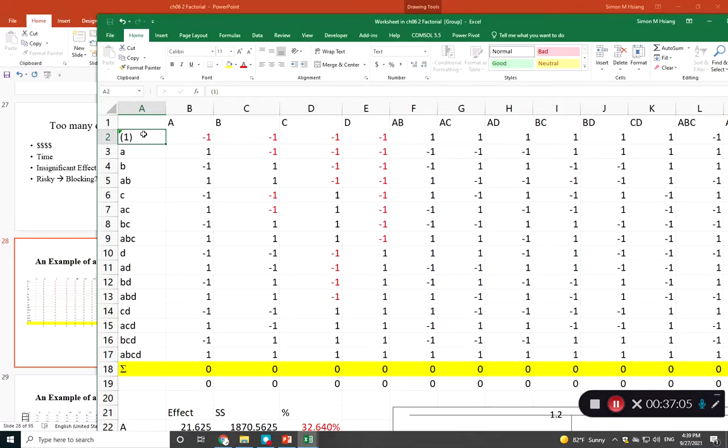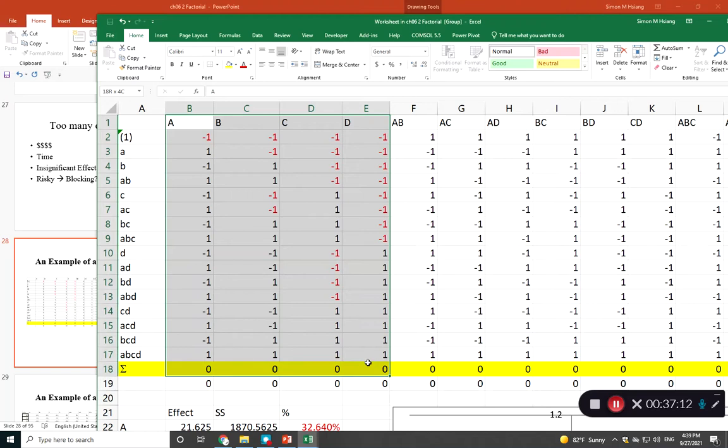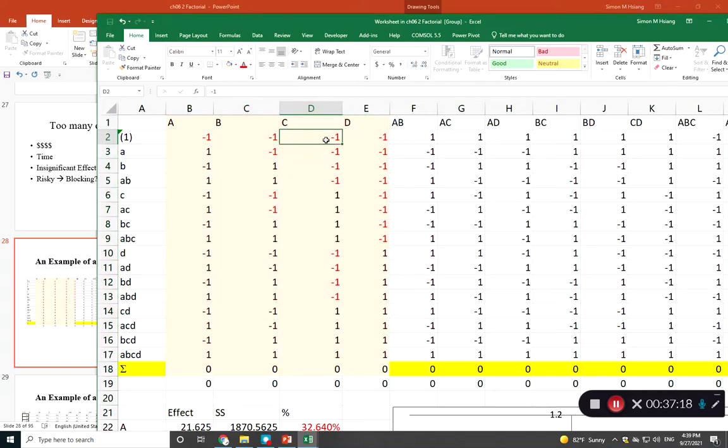Okay, so I have 8 observations, right? I have 16 observations in order to satisfy 8 effects, right? So here is my main effect. Usually when I do the main effect, I like to start from D. So I'll have A positive, A negative.